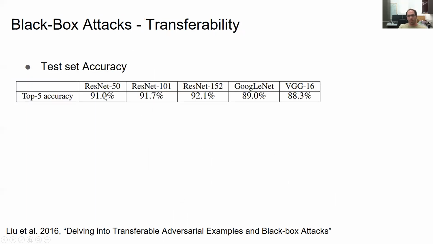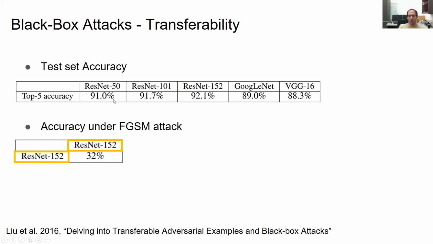Here is an experiment from a paper by Liu et al., where they took a few models and trained them on ImageNet. You see that the top 5 accuracy is quite good, about 90%. Then they take one of these models, let's say ResNet 152, and attack it using the FGSM method.